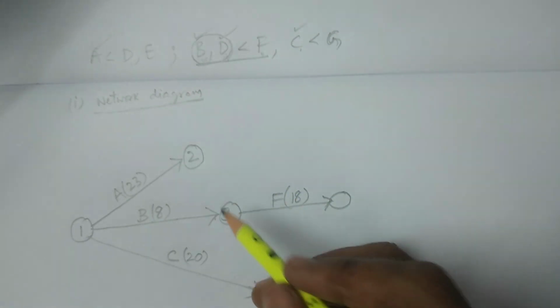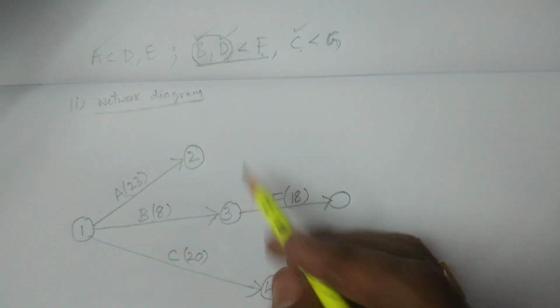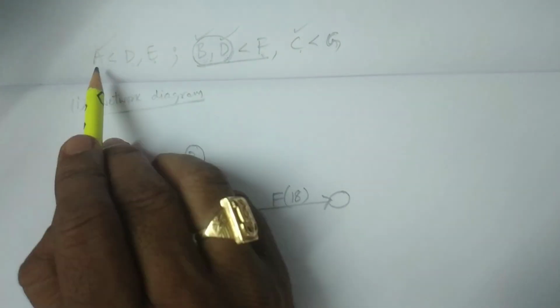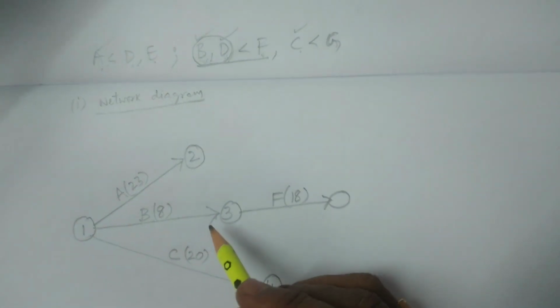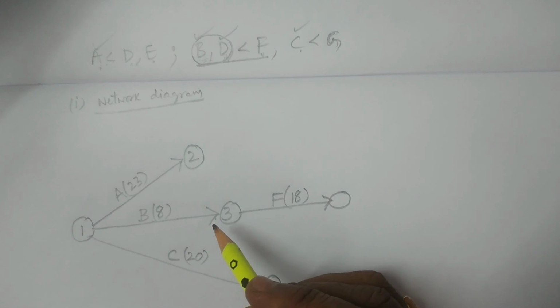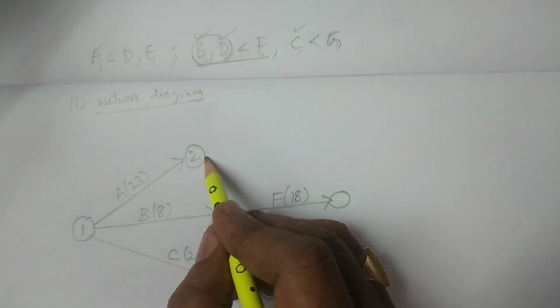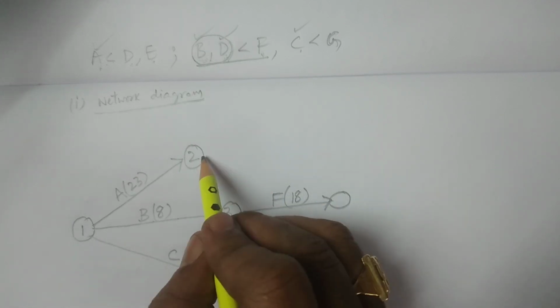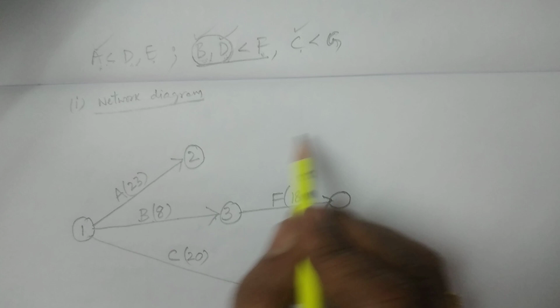So now what I'm seeing is the relation A is less than D and E. After A, D and E are two activities that are going to be started. Before D and E, A should be finished. A is finished here, which means you can consider two activities here and here in two ways.